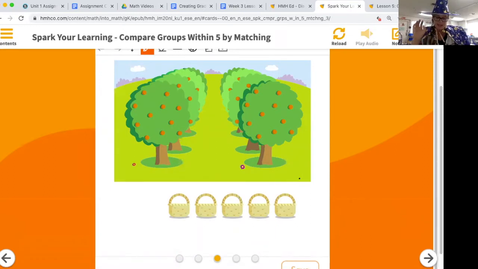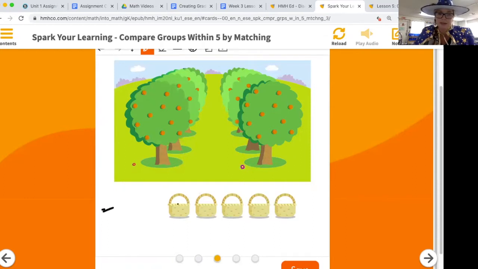Okay, Andy and Emil are picking oranges. Andy uses this many baskets to collect oranges, and Emil uses a number of baskets less than the number of Andy's. So first you have to write how many Andy has. Let's count baskets. How many did Andy use? He used this many.